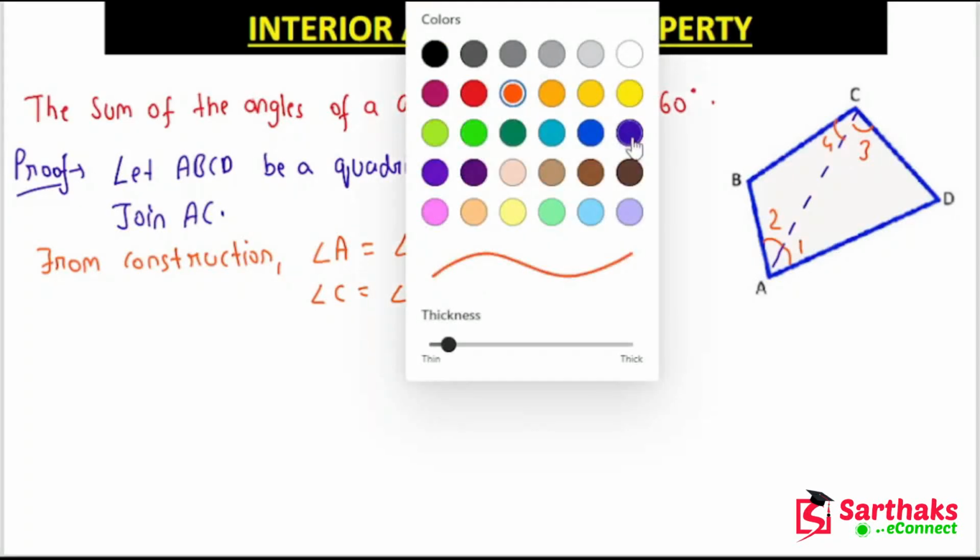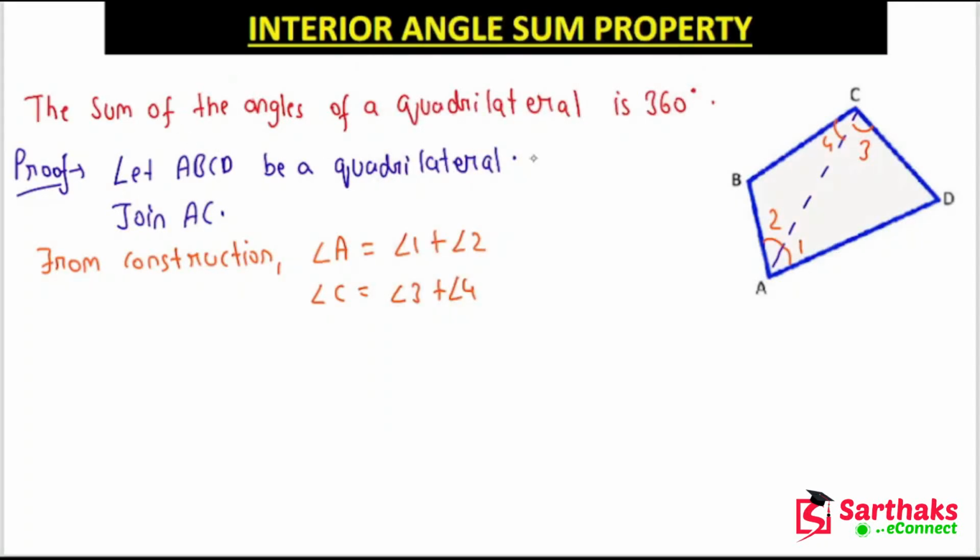So let us use that property to prove our interior angle sum property. In triangle ADC, angle 1 plus angle D plus angle 3 is equal to 180 degrees. In this triangle ADC we have three interior angles, angle 1, angle D and angle 3. So these three angles will form 180 degrees.